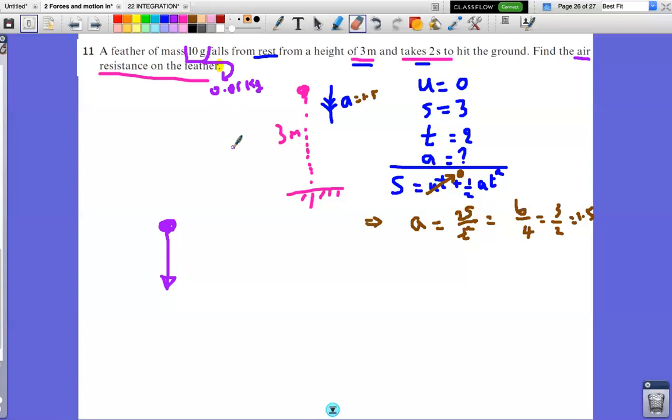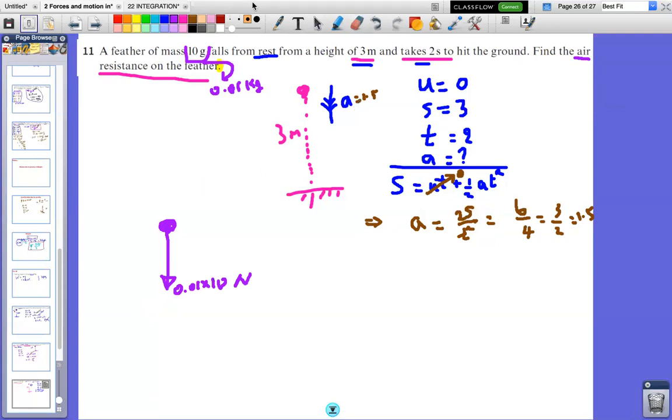So the weight of the feather is 0.01 times 10 newtons, right?